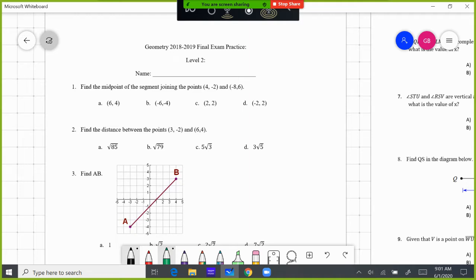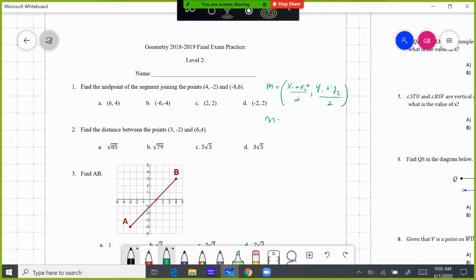Okay. So for number one, find the midpoint of the segment joining the points (4, -2) and (-8, 6). So remember, to find the midpoint, you can add up the x values and divide by 2, add up the y values and divide by 2.